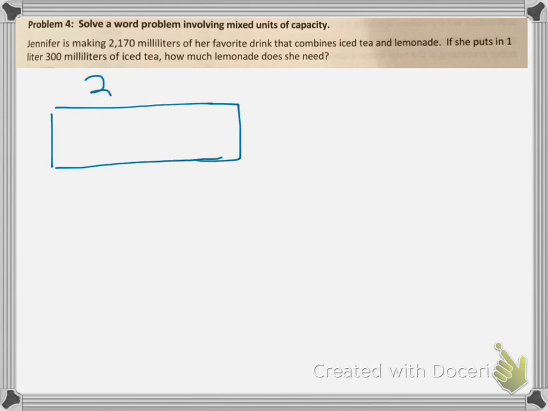Her whole drink is going to have 2,170 milliliters. And she puts in 1 liter, 300 milliliters of iced tea. And we want to know how much lemonade she needs still.